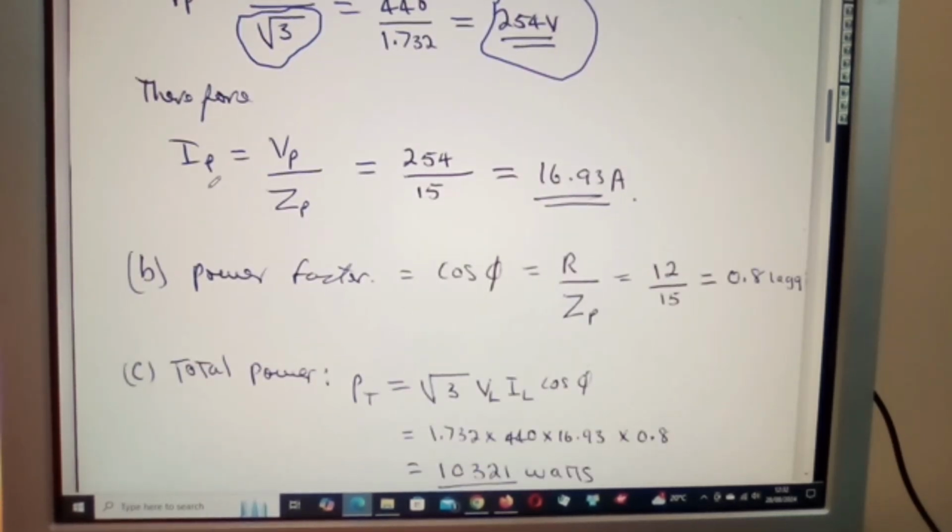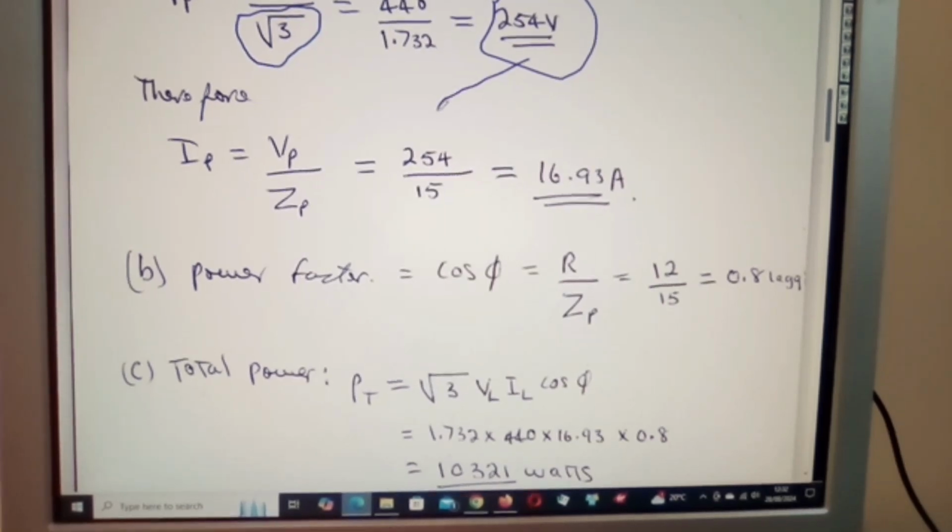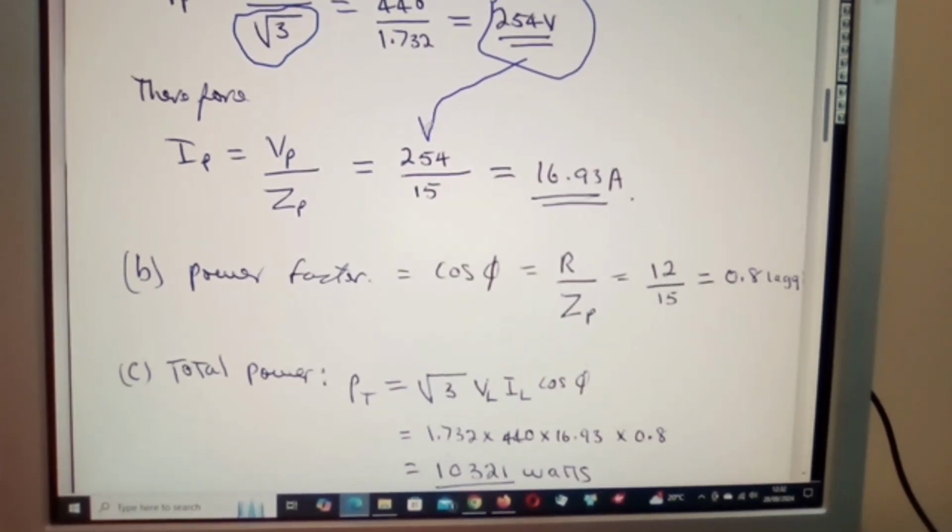Therefore, we now have the voltage. Current phase equals voltage phase over ZP equals 254 divided by 15, and you have 15 already. We know where the 15 comes from already, okay?